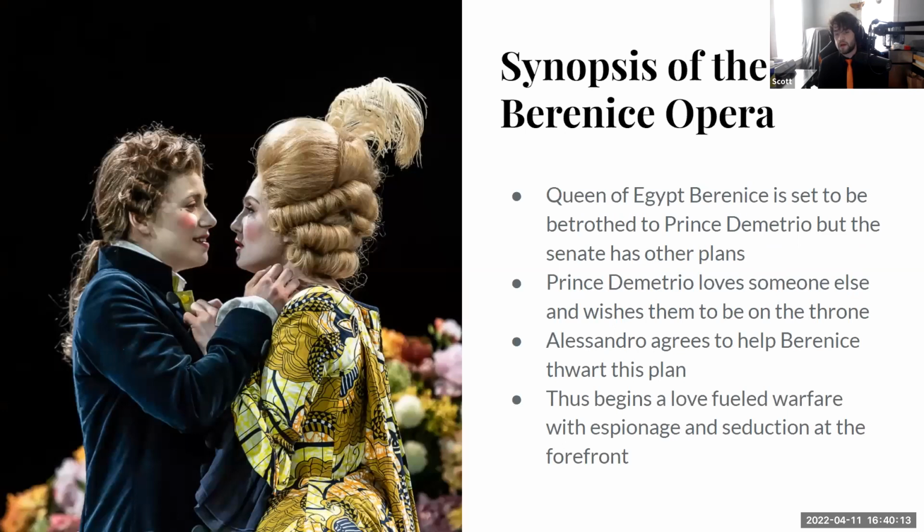So this is going to be the synopsis of the Berenice opera. It starts off with the Queen of Egypt, Berenice, who is said to be betrothed to Prince Demetrio, but the Roman Senate has other plans. Prince Demetrio loves someone else and wishes them to be on the throne. Alessandro, who actually is in love with Berenice, agrees to help her thwart this plan.